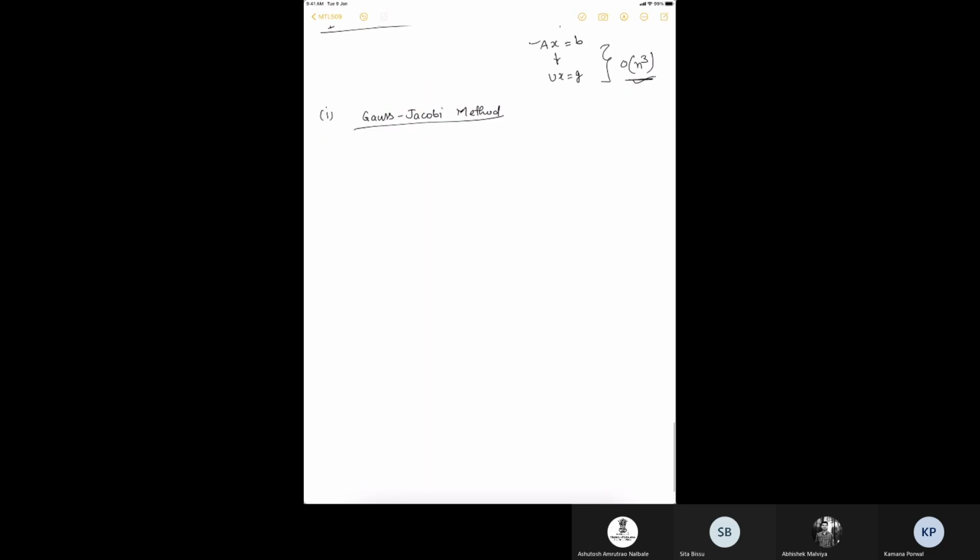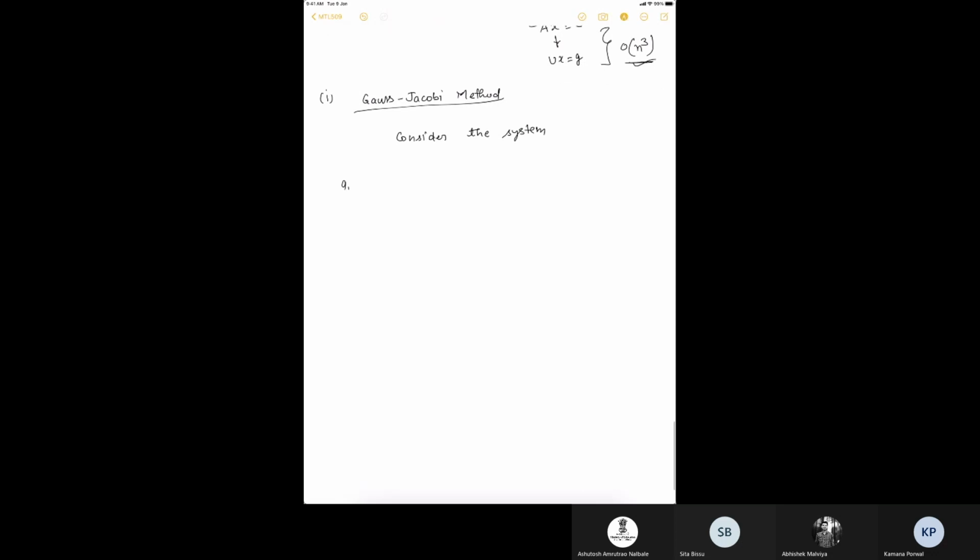So to understand what this method does, let's first take a general linear system. I'm taking an n by n system here, which is a11 x1 plus a12 x2 up to a1n xn equals b1.